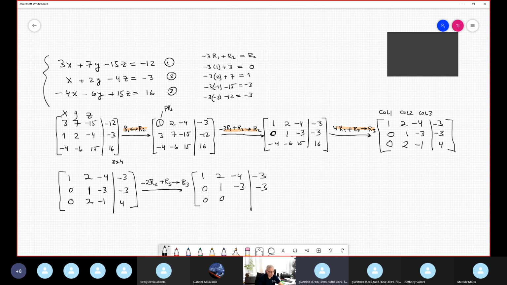Now, negative 2 times negative 3 is positive 6 minus 1 is 5. Repeat again: negative 2 times negative 3 is positive 6, and positive 6 plus 4 is 10.